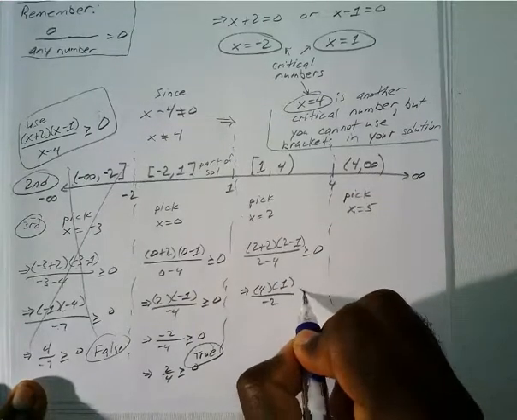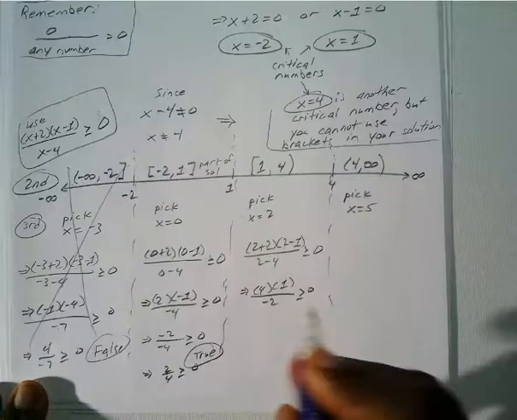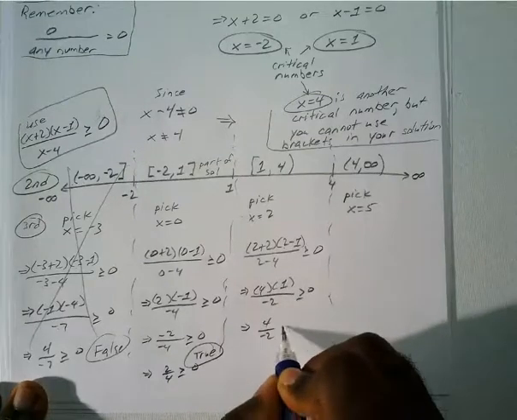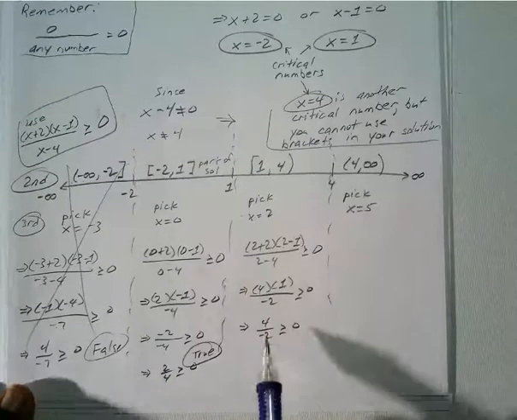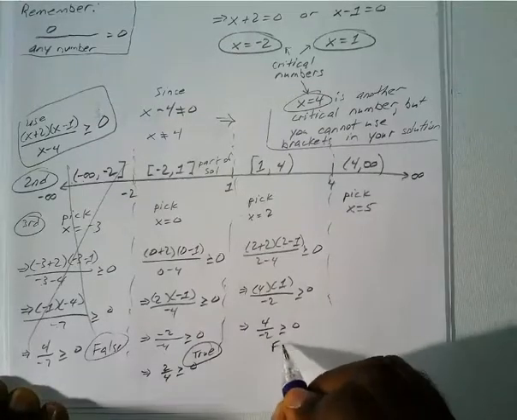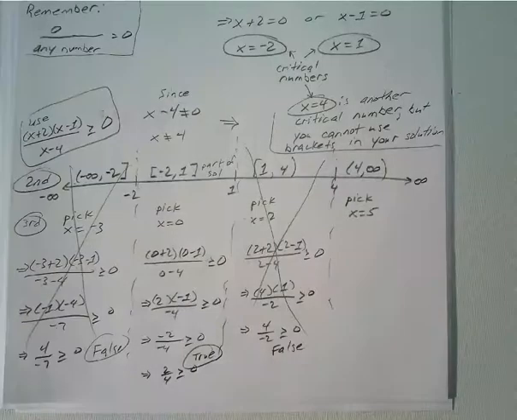All over negative 2 is greater than or equal to 0. So you have 4 over negative 2 is greater than or equal to 0. So that gives us negative 2 is greater than or equal to 0, which is false. So we know that this is not part of our solution.